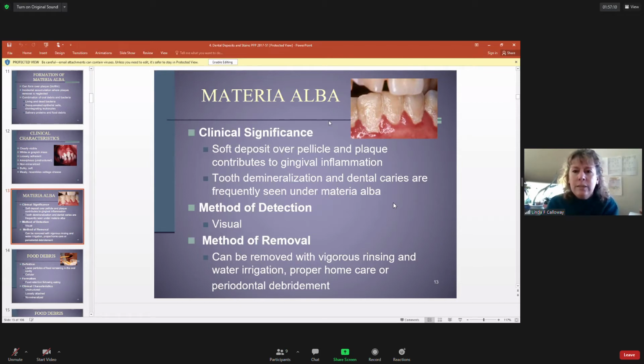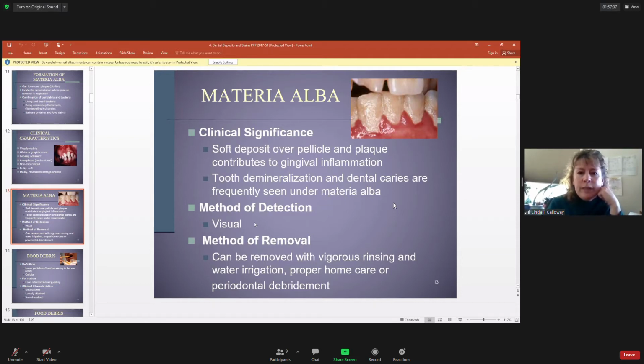It doesn't always have to be materia alba. It can be a little plaque layer back there that the patient doesn't know how to get to or doesn't take the time to get to as a child. And they'll always have this little white scarring where they had demineralization. Now, if it's not through the enamel where it's a caries, remember it can fix itself.